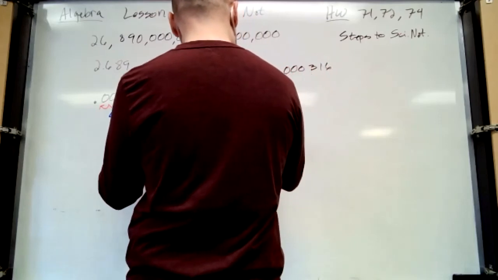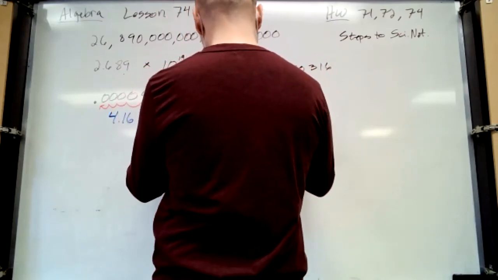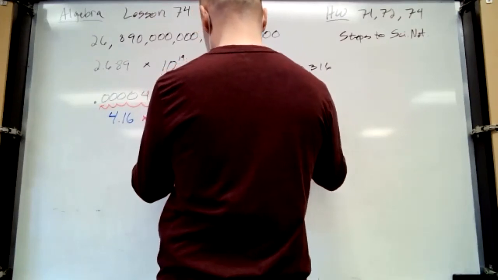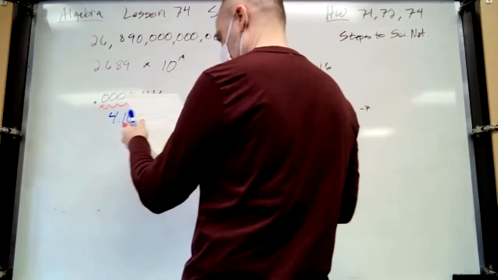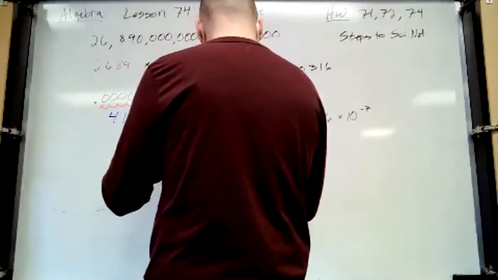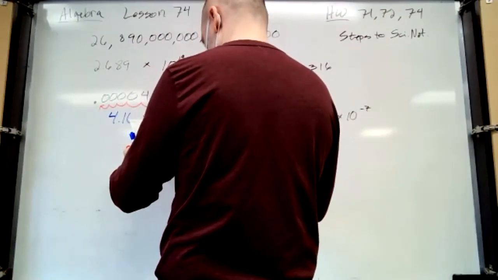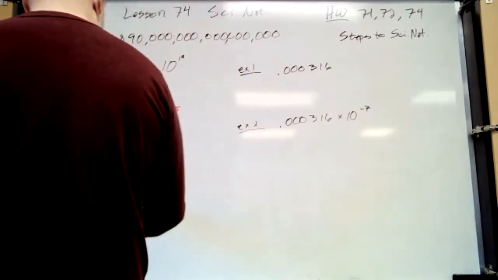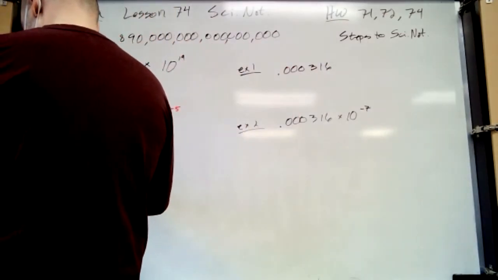Write that in scientific notation. Write this in scientific notation. And then write this in scientific notation. Actually, did I say 3 examples? I'm going to do 4 and a little bit more.